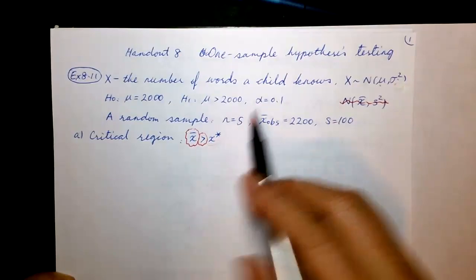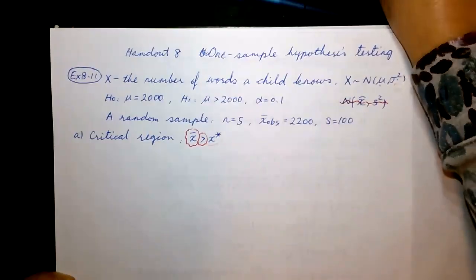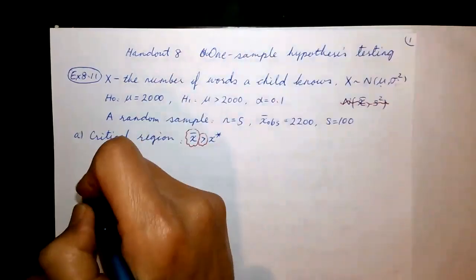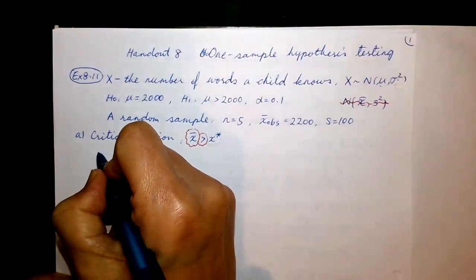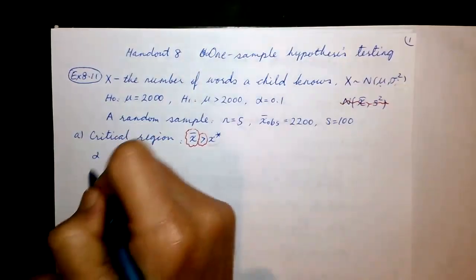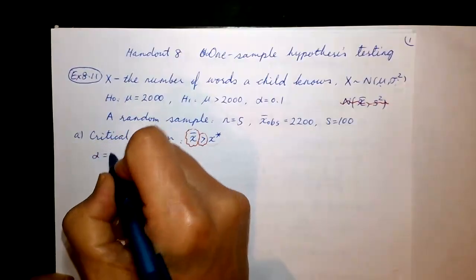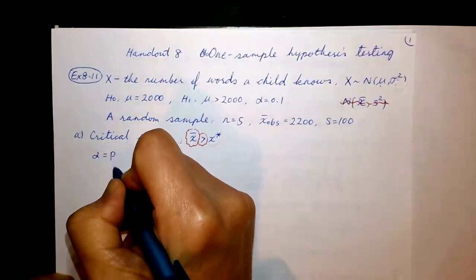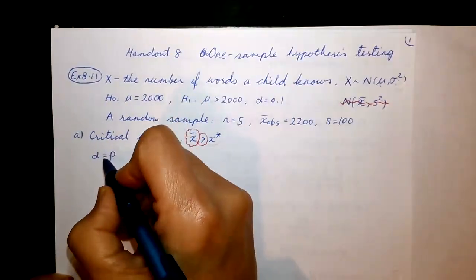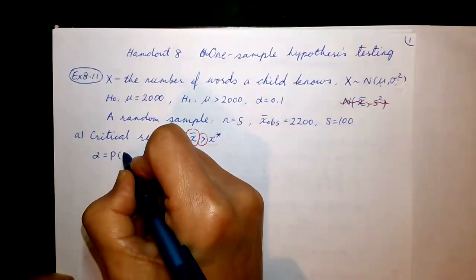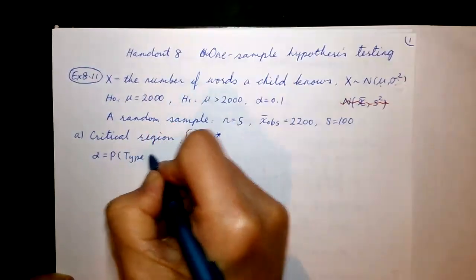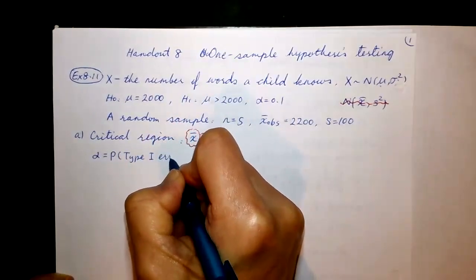You can use X star or ABC, whatever. It's an unknown constant that we are going to find now. How to find the critical region? We start with alpha. Alpha, the significance level, is defined in hypothesis testing as the probability to make type 1 error.